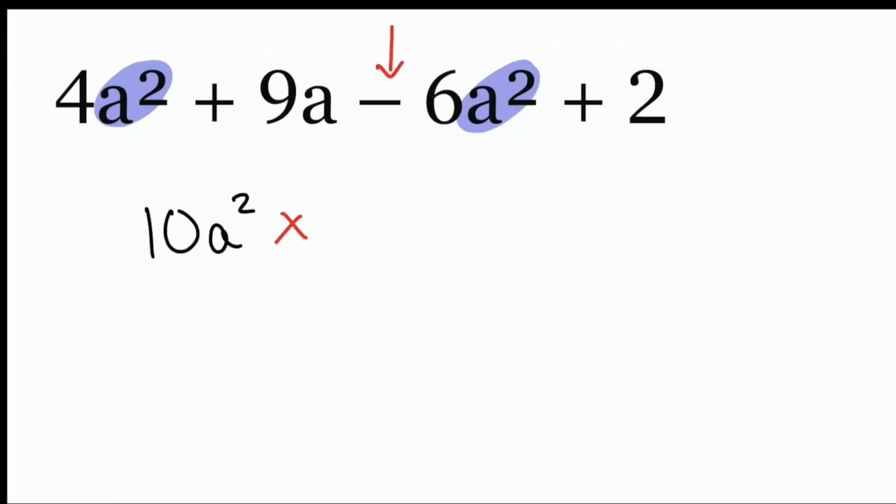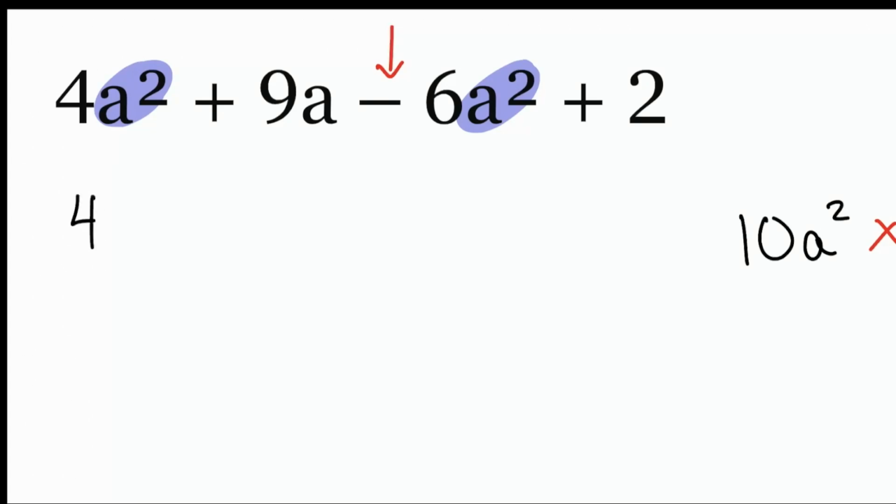So the way that we are going to treat this, let me move this off to the side, is by saying 4a squared minus 6a squared. That's how we should be treating it. So the way that we're looking at it is 4 minus 6. When you flip it the other way around, 6 minus 4, that's a positive 2.